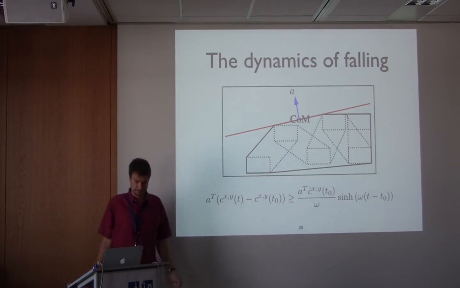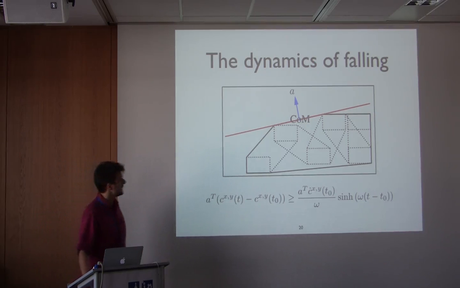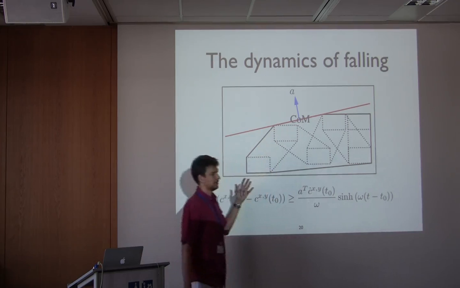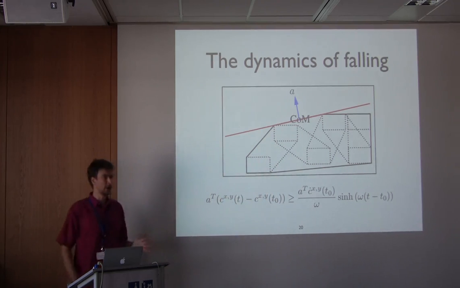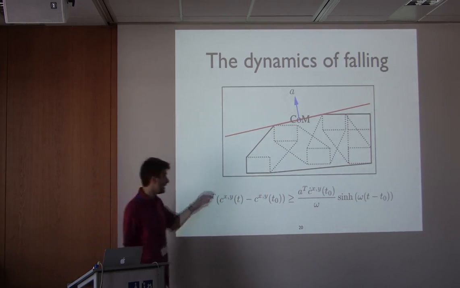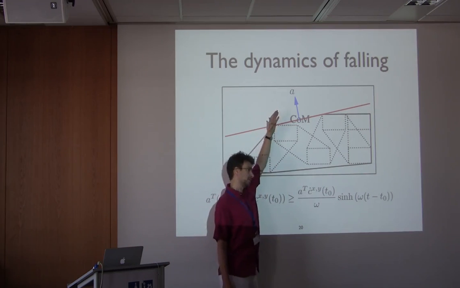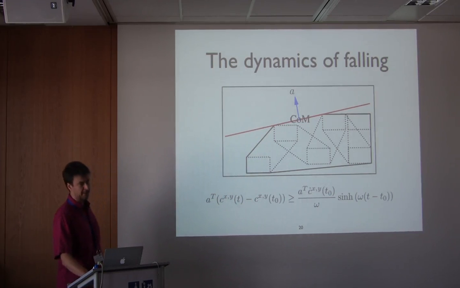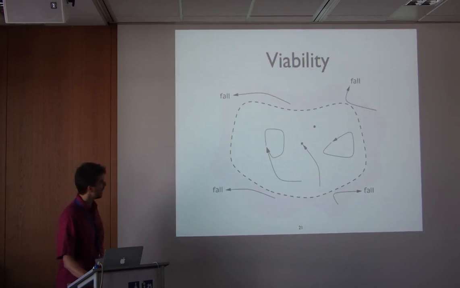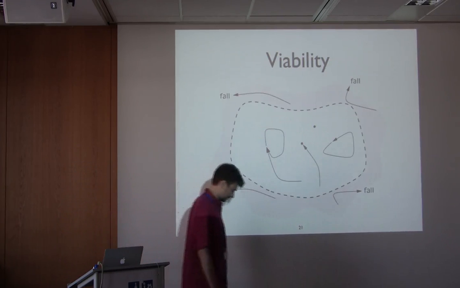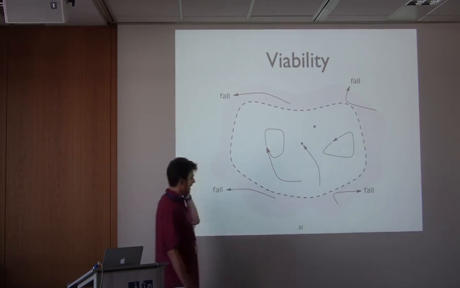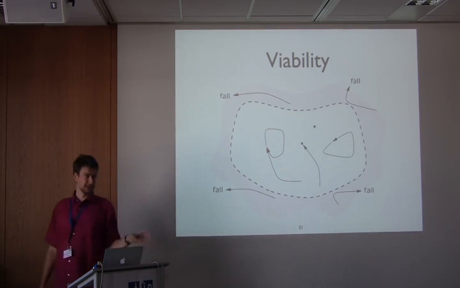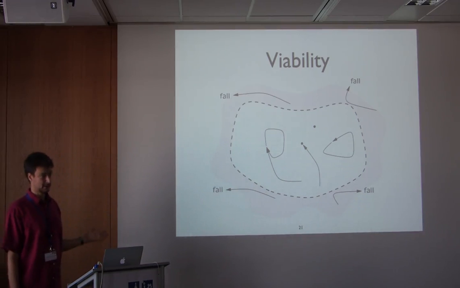That's what it means. So you can be in situations where you haven't fallen yet, but you are bound to fall. You are going to fall whatever you do. If you can't make the proper step here, you are going to fall. And there's a mathematical theory behind it. It's called viability theory. You have states where, whatever you do, you are going to fall, and this will be called a non-viable state.